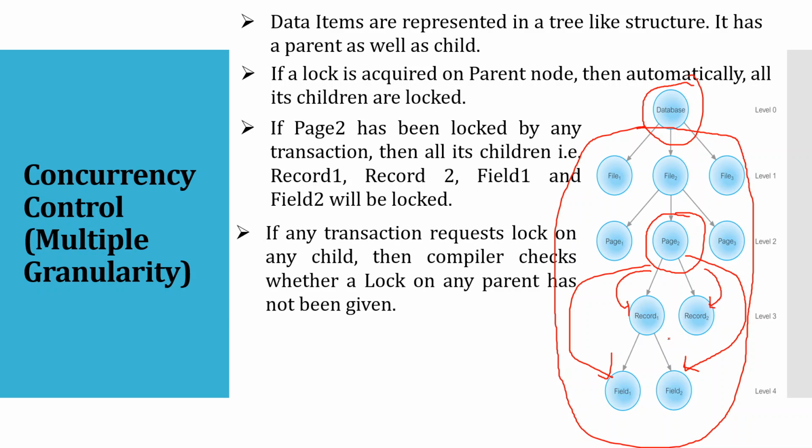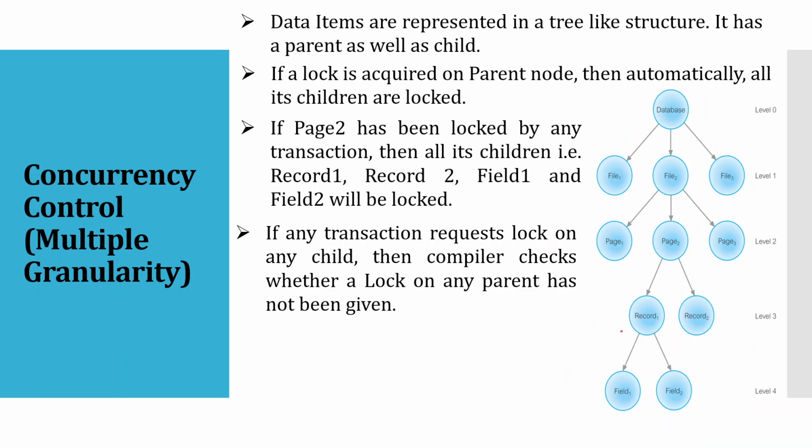And if a transaction requests any particular child, let us say a transaction is requesting a lock on this field 1, it will check whether any parent of this particular item is locked or not.